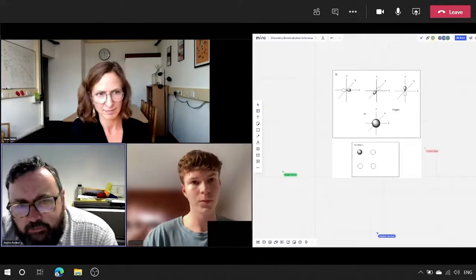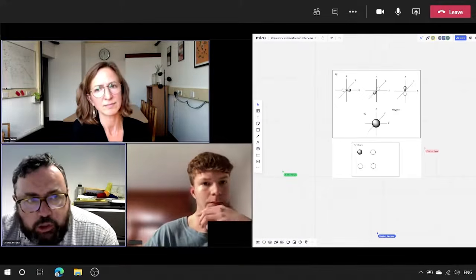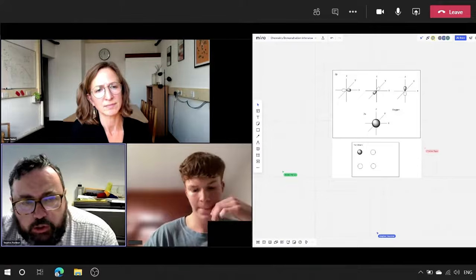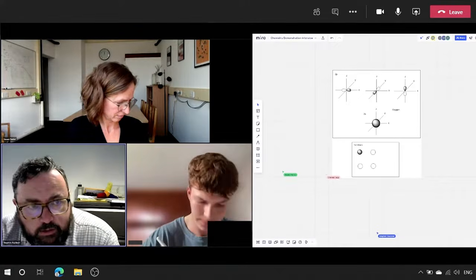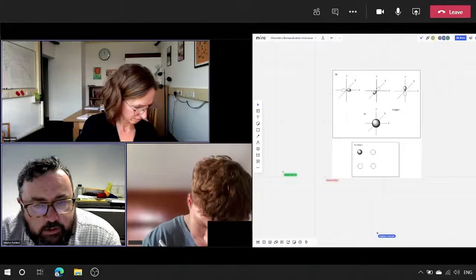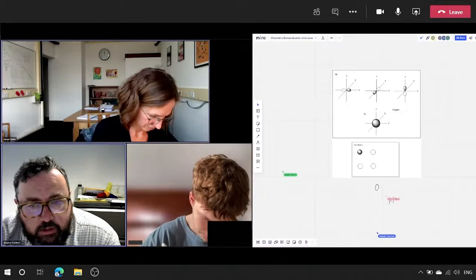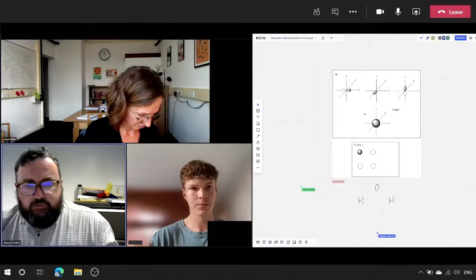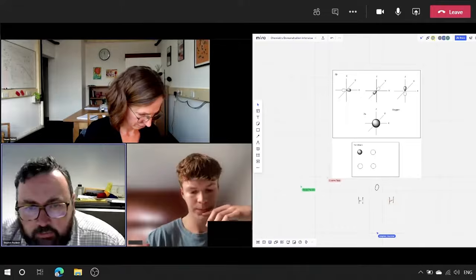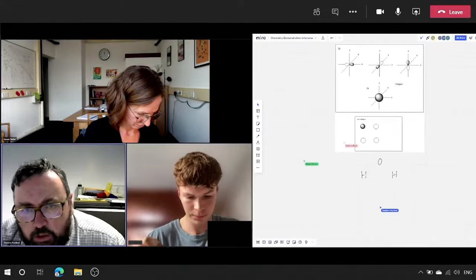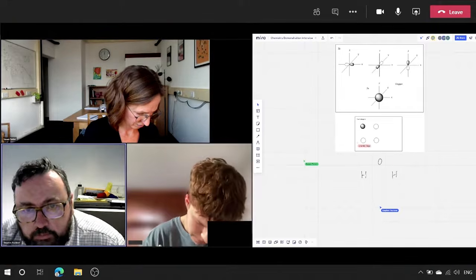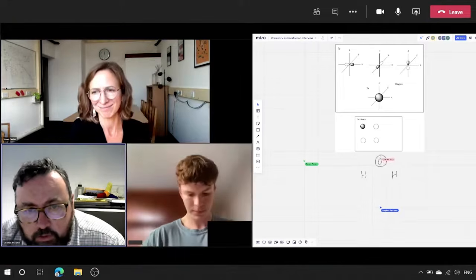So if we were to think about having, just draw your oxygen and your two hydrogens without a bond between them for a second. And we have something that you can see that looks like that. Let's put the 2s orbital onto the oxygen. Like this? Yeah, that's fine.